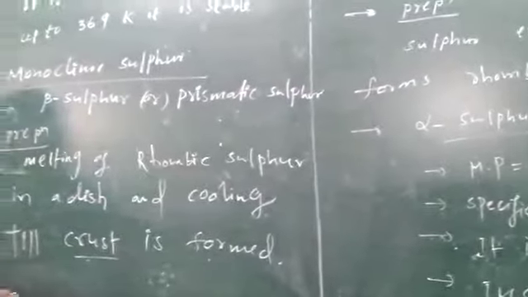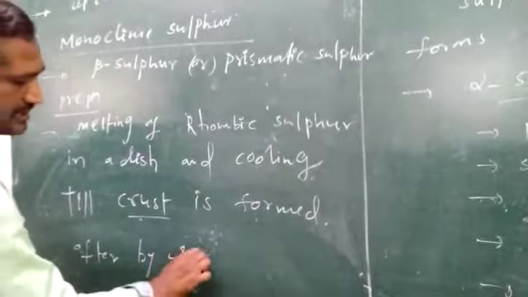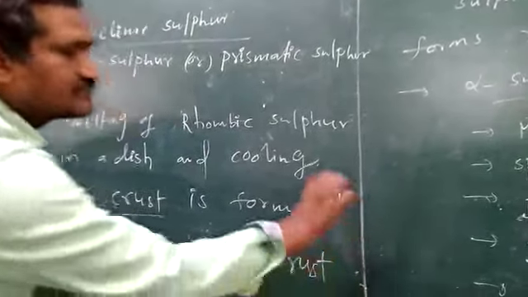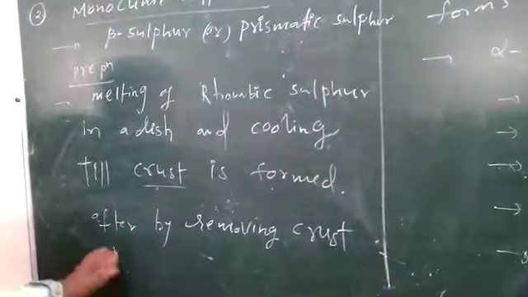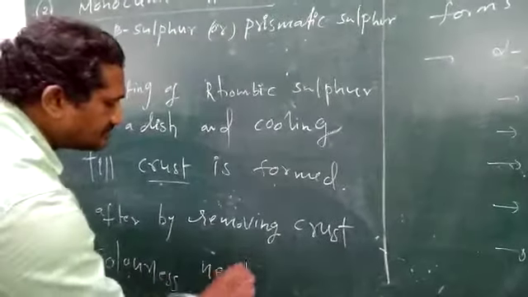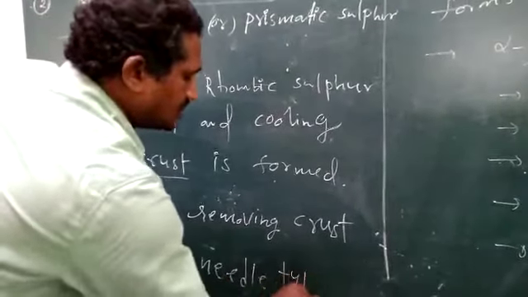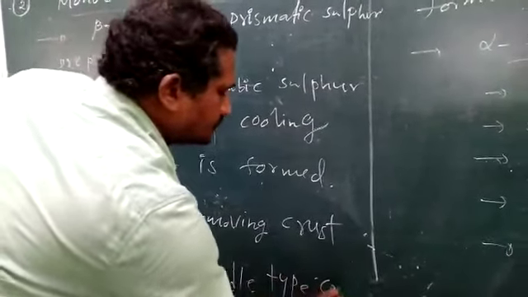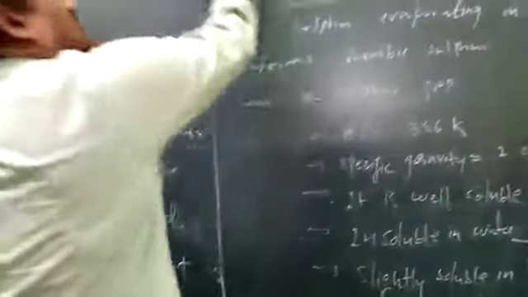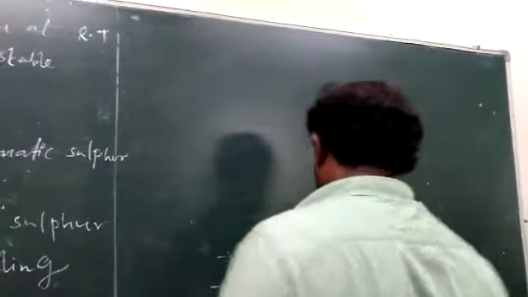After removing the crust, colorless needle type crystals are formed. Those crystals are monoclinic sulfur crystals.